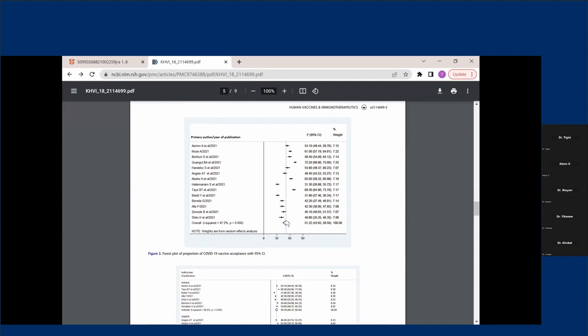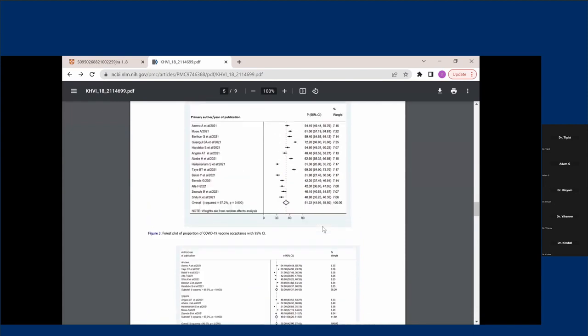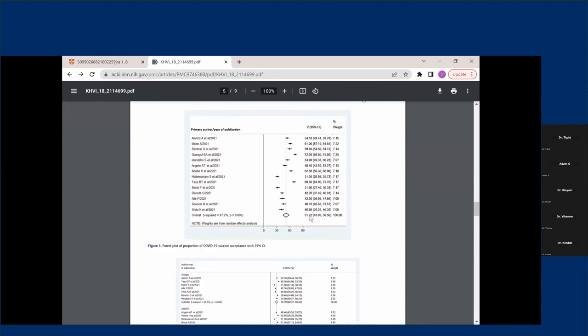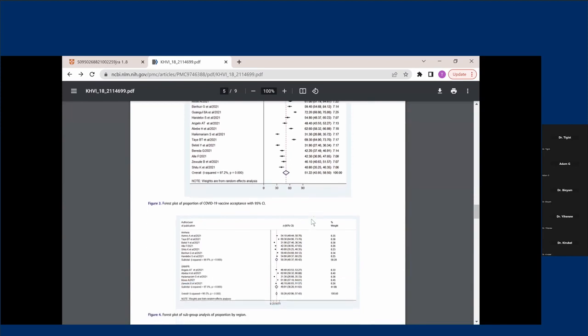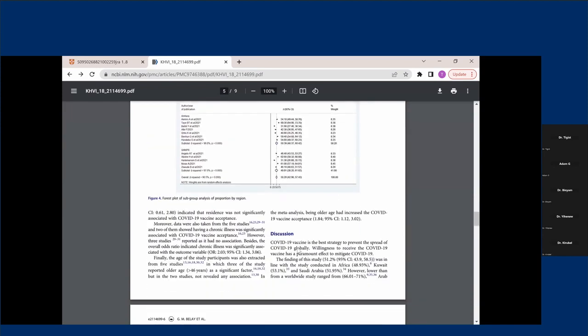It's presented as a diamond. So whenever you find a diamond in a forest plot, it means they have pooled the effect, and this is a meta-analysis study. So for the pooled prevalence, now we have a single number to say that the COVID-19 acceptance rate in Ethiopia is 51.2%. This is something that we have reached using a meta-analysis. We can also do subgroup analysis and others.